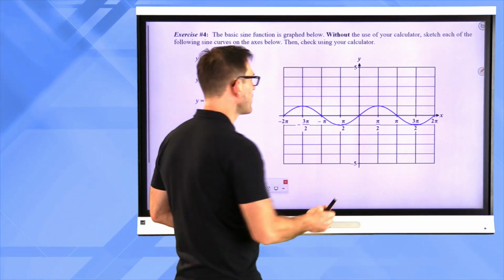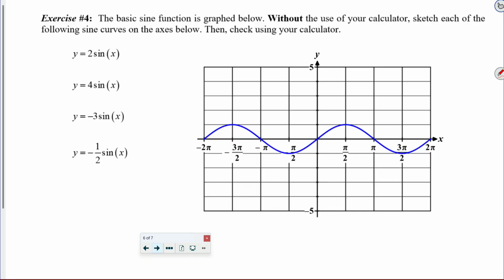So I come over here at pi over 2, and now I go up to 2 and down to -2, and those x-intercepts just get fixed. You almost can't get any easier than that. And all of a sudden, you get y equals 2 times the sine of x. I'm going to run out of colors really quickly.